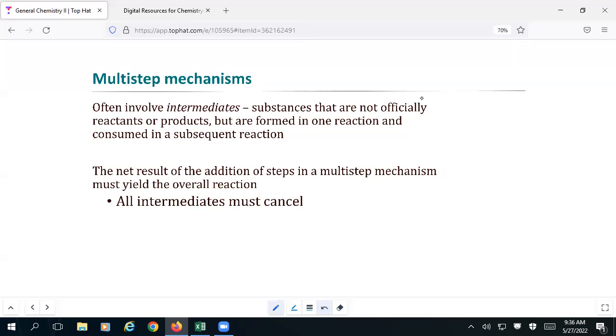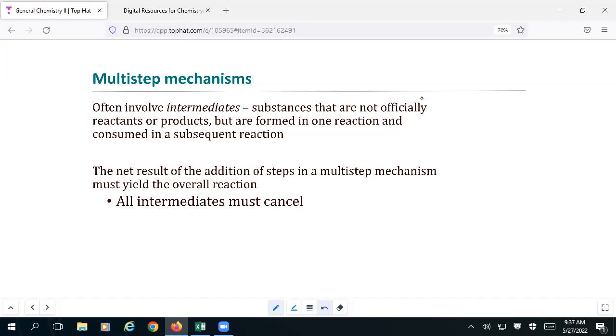The important part of a multi-step mechanism, though, is it has to satisfy one very important condition. If I add together all of the steps of my mechanism, I've got to get the balanced chemical equation at the end. So everything else has to cancel out. Think about a net ionic equation where we end up adding it together. We've got chlorides on one side and chlorides on the other, and so we know that we can cross them out.